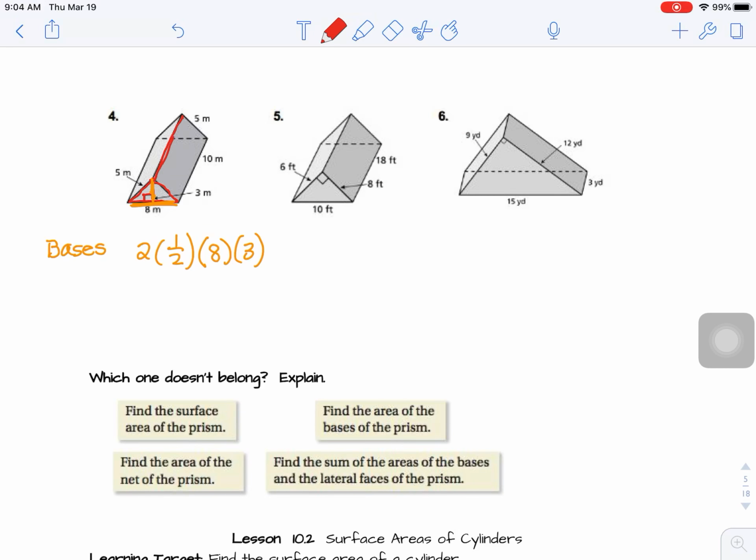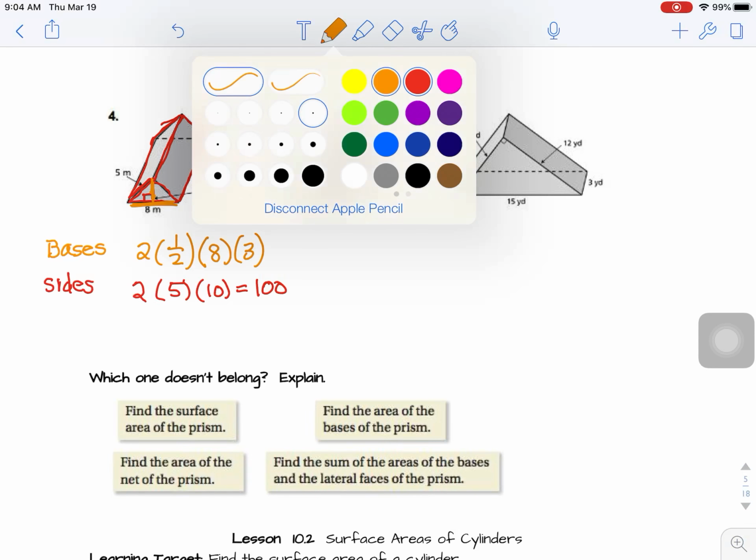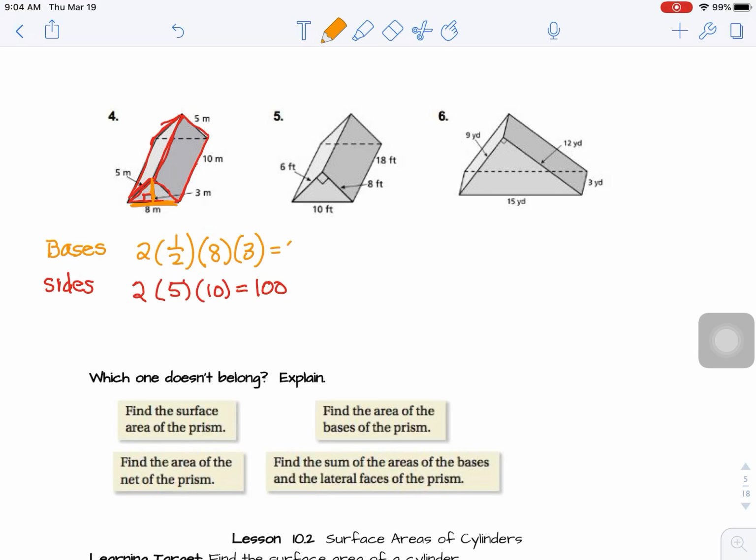If we look at the rectangle over here, this rectangle and the rectangle next to it are equal. So I'll call those the sides. My sides, again, there are 2 of them, and that is 5 by 10. So that would give me a total of 100. I forgot to write the total for this one.